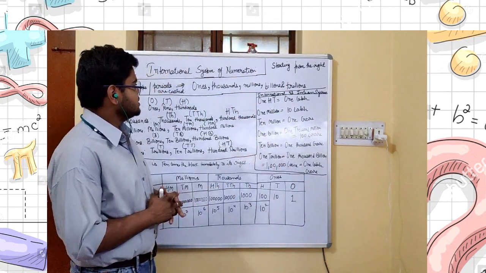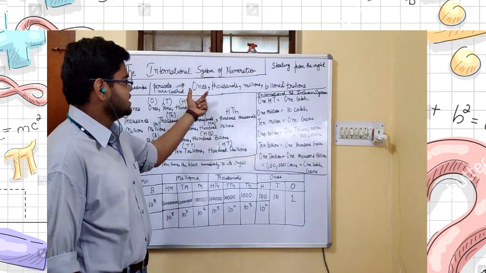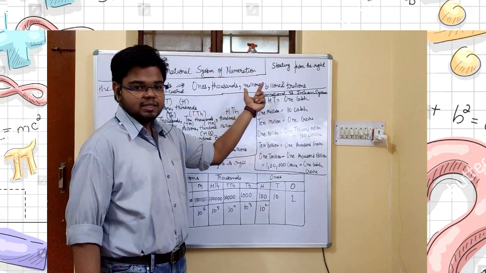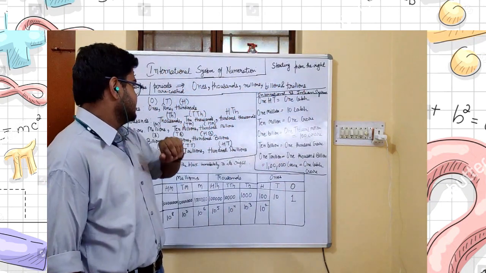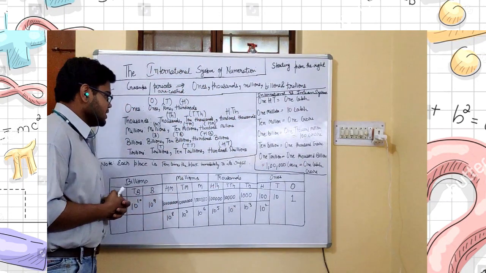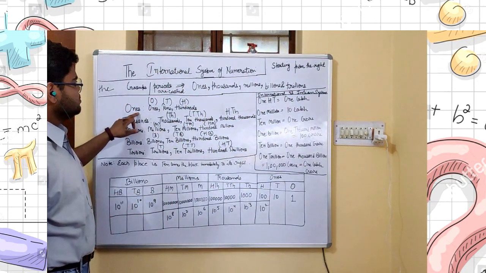But in the international system of numeration, we have ones, thousand, millions, billions, and trillions, starting from the right.